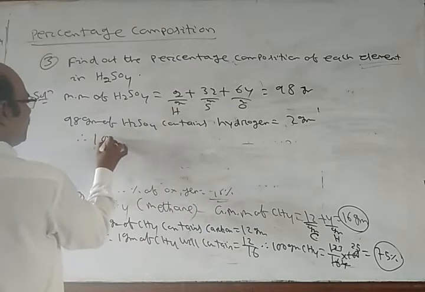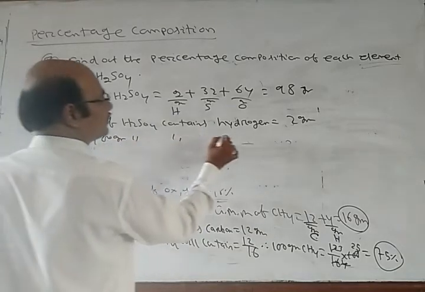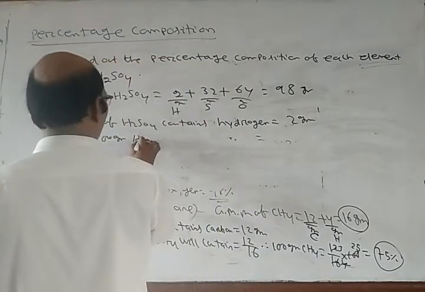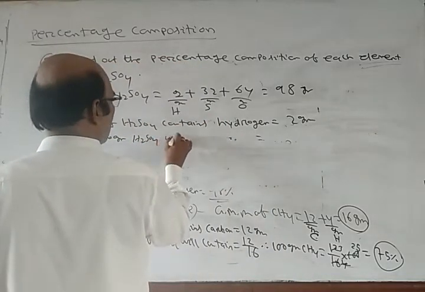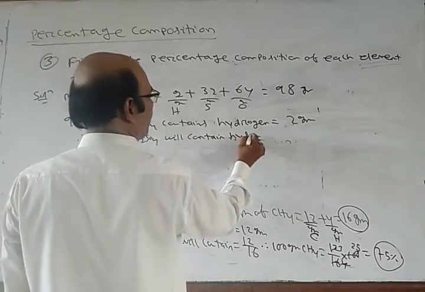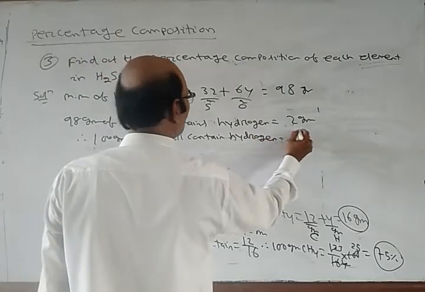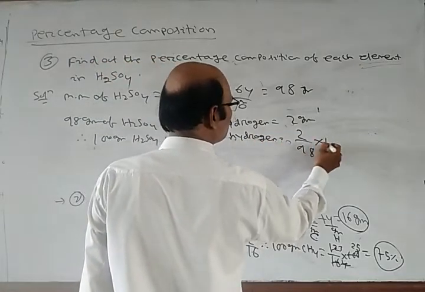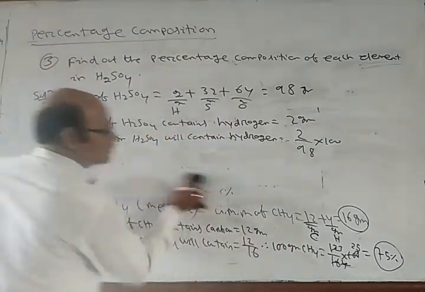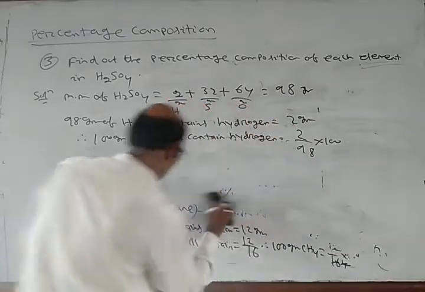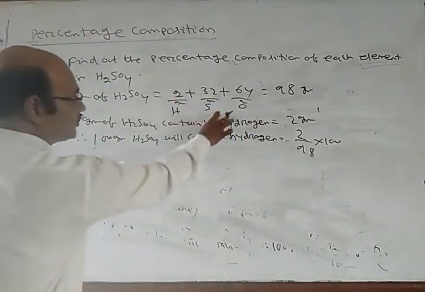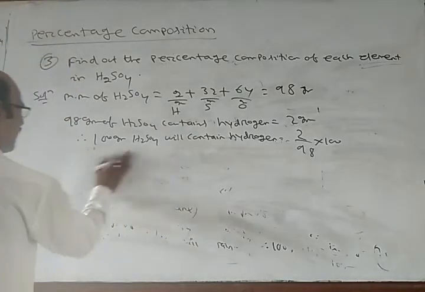Therefore, 100 gram of H2SO4 will contain hydrogen equal to how much? 2 by 98 into 100. Okay. Similarly, I can also go for sulfur and oxygen. So now I can write like here.